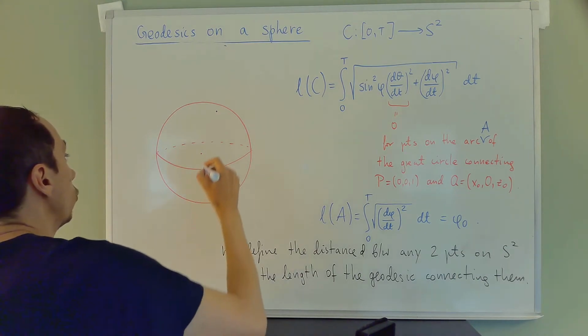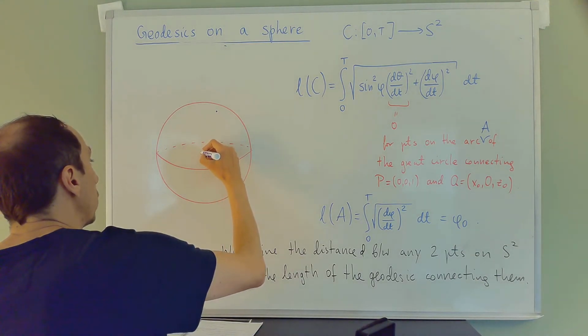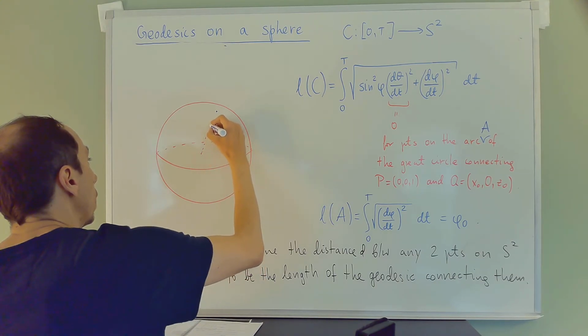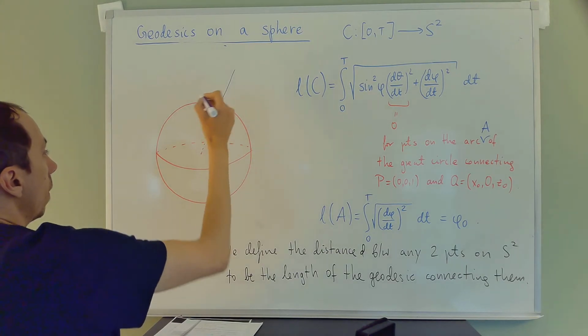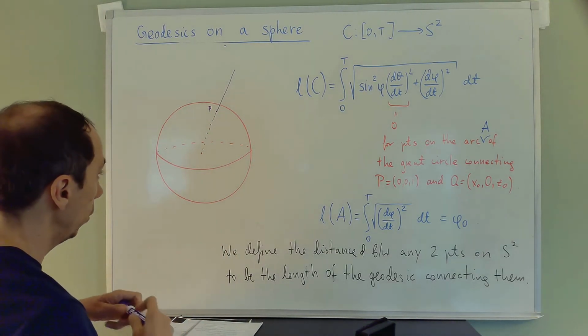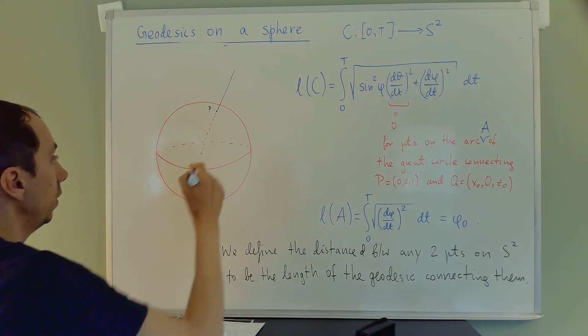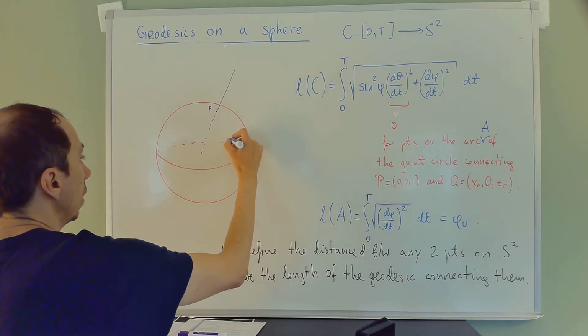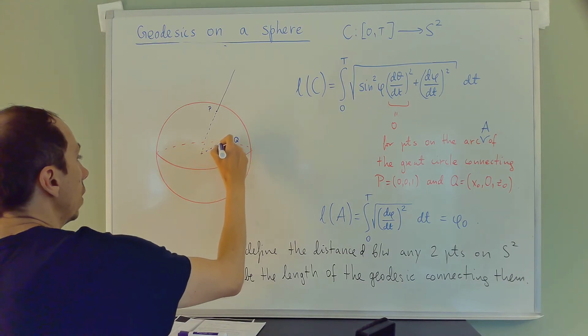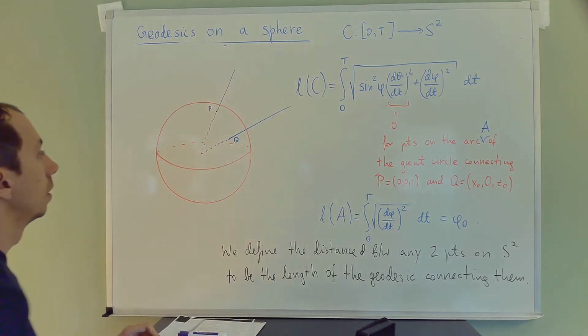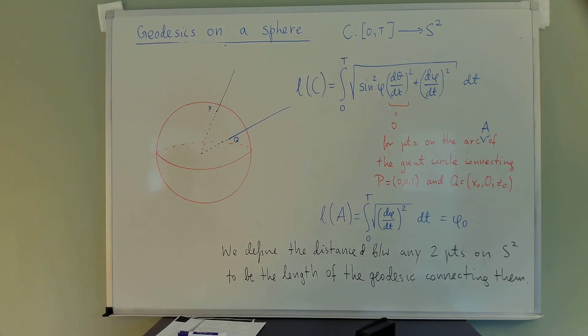So I can then draw a ray from the center to the point P. And then I take another point somewhere else on the sphere, let's say here, Q. And there's a ray like that.